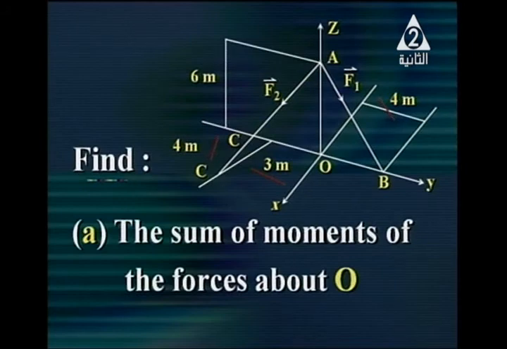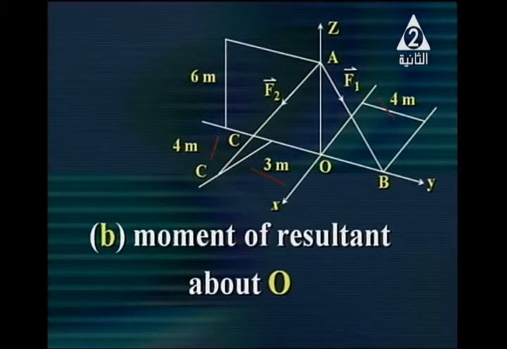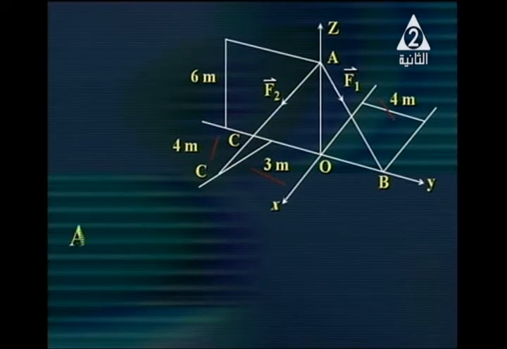Find the sum of the moments of the forces about O. We have two forces, F1 and F2. Find the sum of the moments of the forces about O. Number 2, or B: find the moment of the resultant about O. What do you deduce from the geometry of the figure?